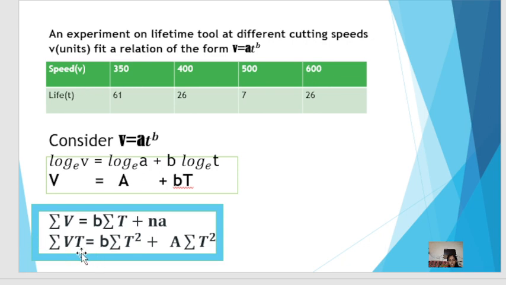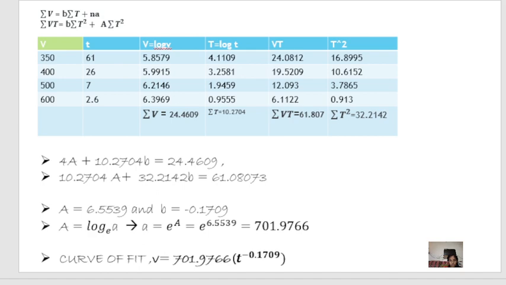Then summation VT is equal to b into summation T square plus A into summation T. According to the formula, we need to find summation V, then summation capital T. It's not a small t. You have to note down here. So it's like we have taken an ln here, then summation VT and summation T square.